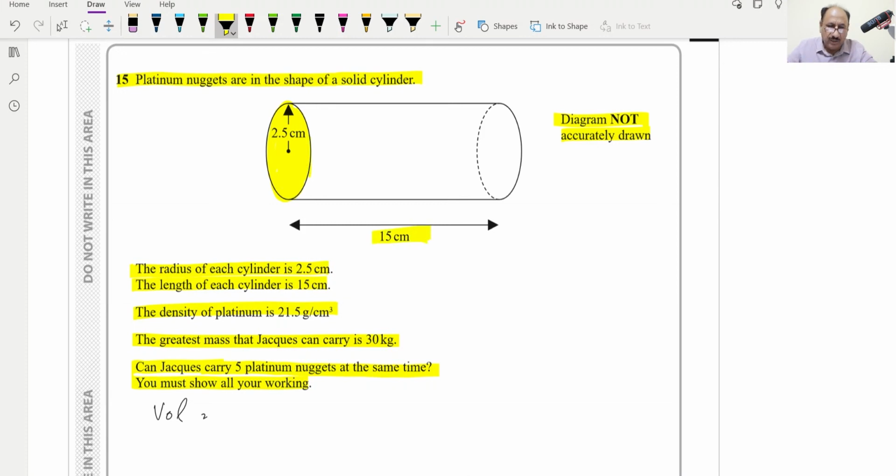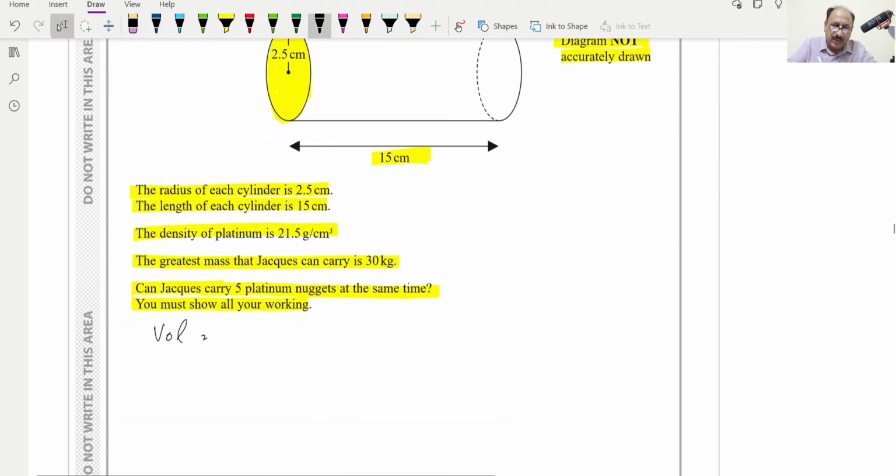So pi r squared multiplied by L. This is pi and r is 2.5.